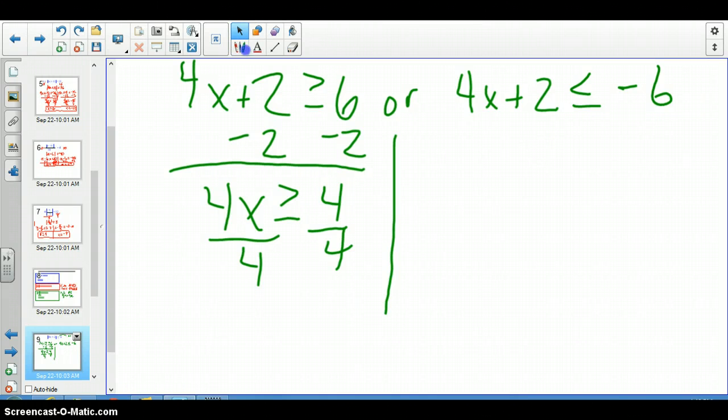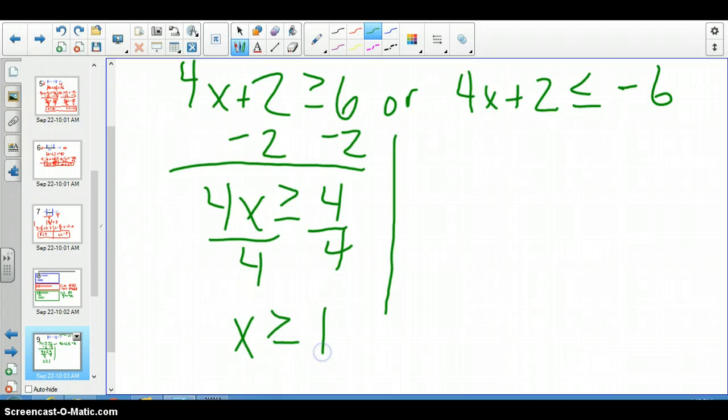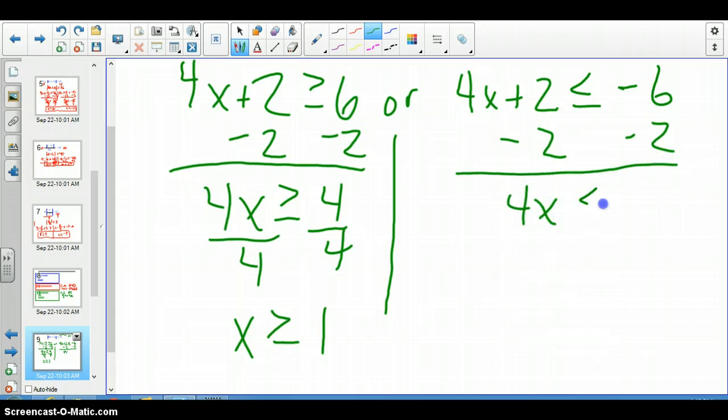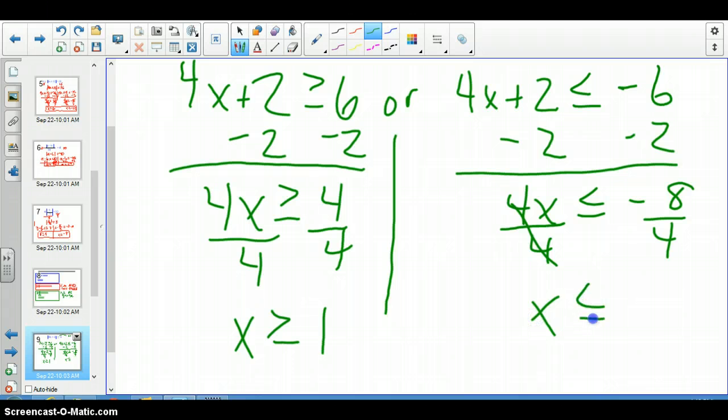So x is greater than or equal to 1. And the other side, I'm subtracting 2. So 4x is less than or equal to negative 8. Divide by 4. I get x is less than or equal to negative 2.